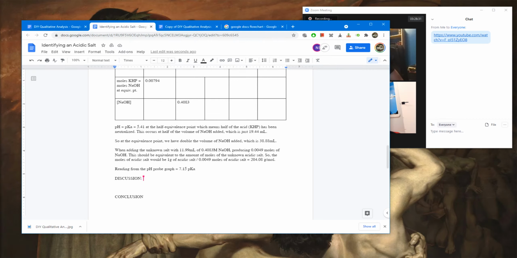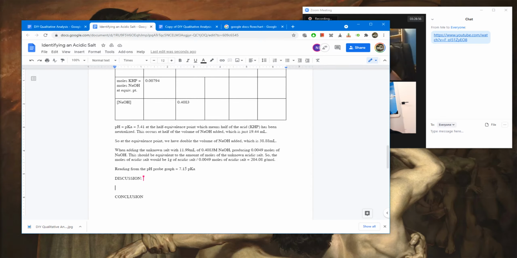Oh yeah, it is right, because the pH is equal to pKa. But that's what I did, if I did everything right. So that's what you should get. The titration curve reads 7.15 when the pKa of the acidic ion is 5.41 for KHP.